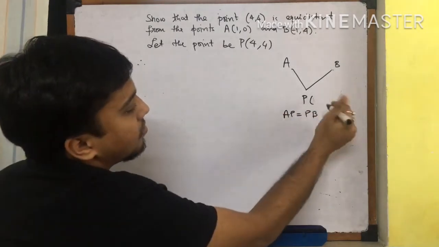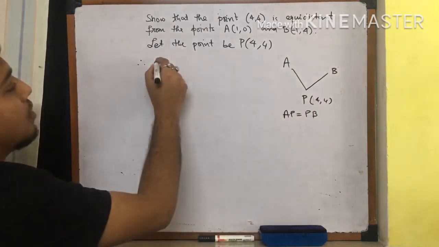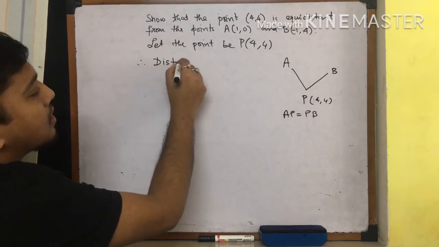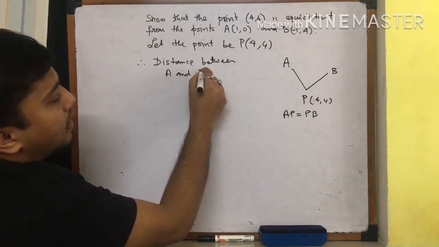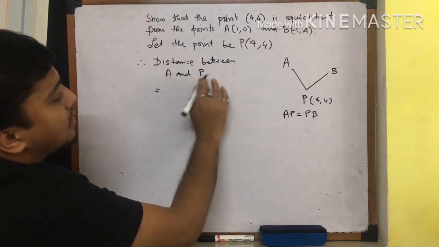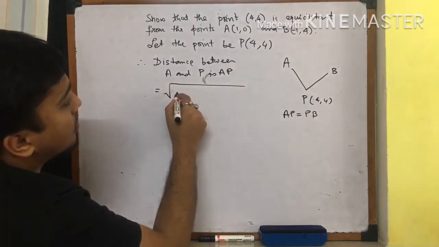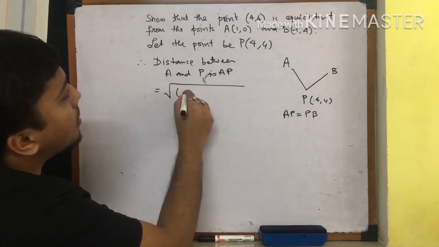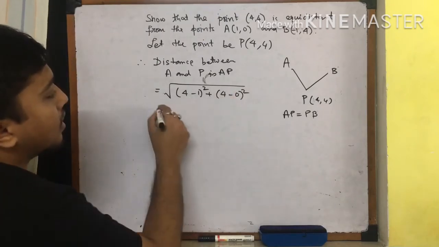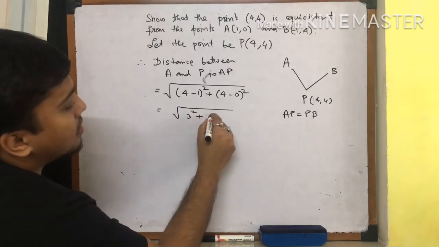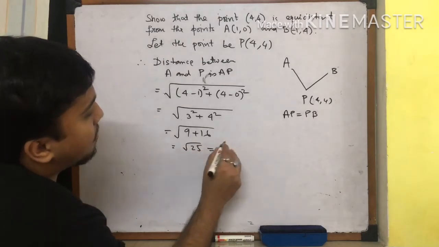The distance between A and P, AP, is equal to root over (4 minus 1) square plus (4 minus 0) square. That means root over 3 square plus 4 square, 9 plus 16, root over 25, that is 5.